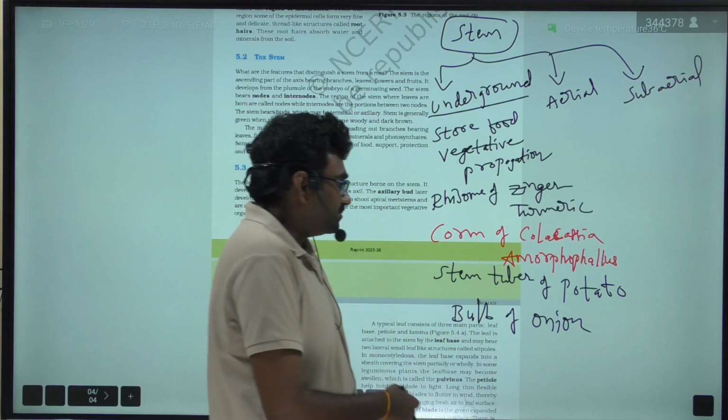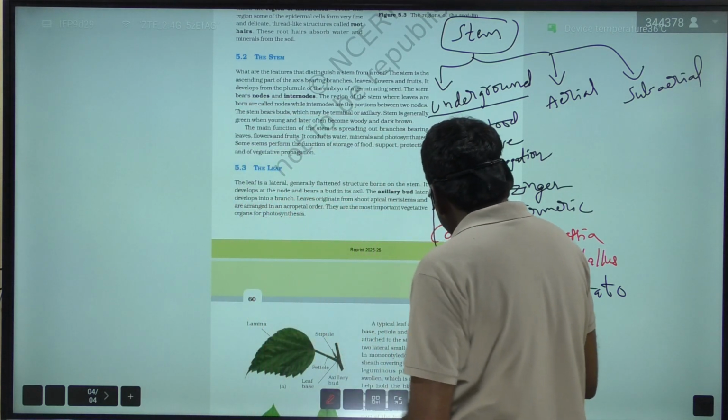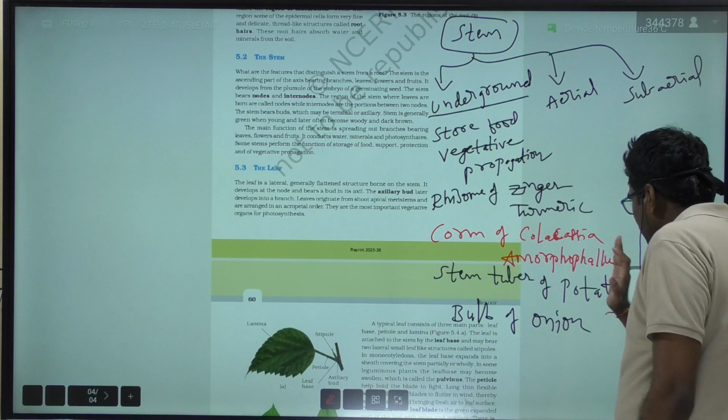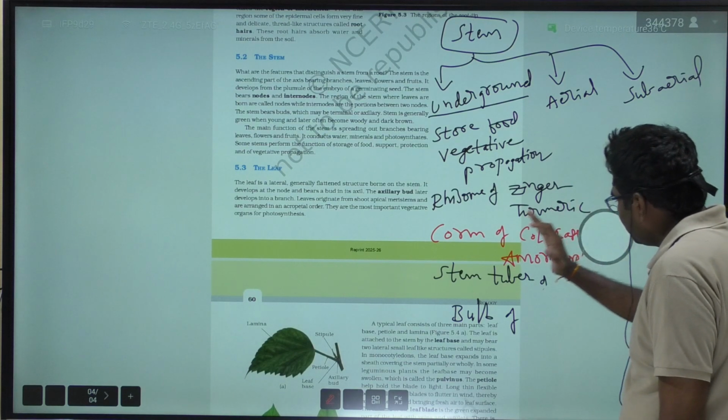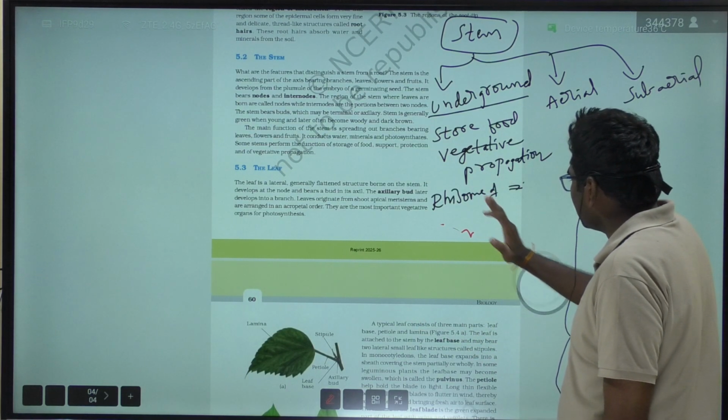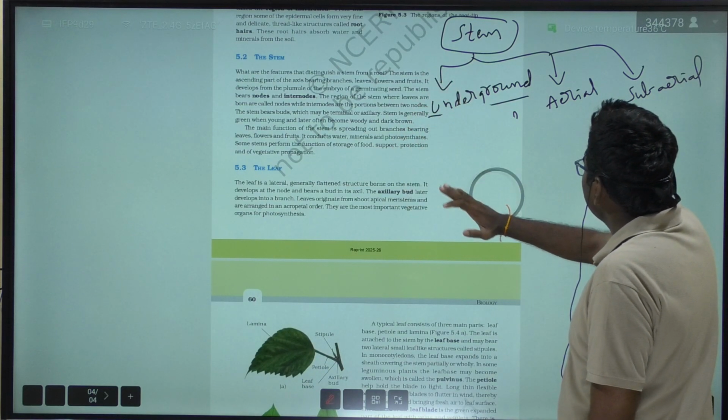And next, aerial stem modifications. Aerial stem modification means the stem is modified above the ground.